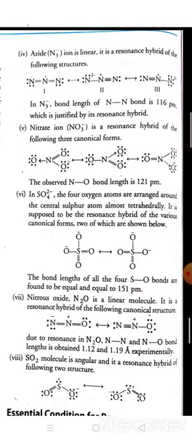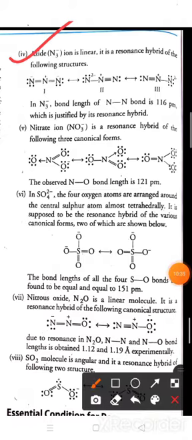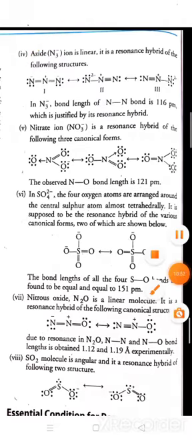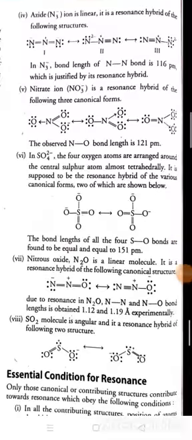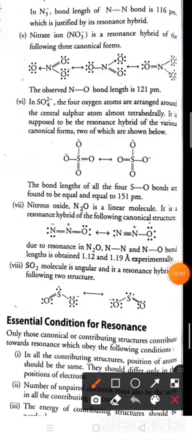Next example, carbon dioxide, which also has 3 canonical structures. Another example is azide, which also has 3 canonical structures by which you can show the azide ion. Next, nitrate ion also has 3 canonical structures. SO4 2 negative has 2 canonical structures, nitrous oxide also has 2, and lastly SO2 also has 2 canonical structures.